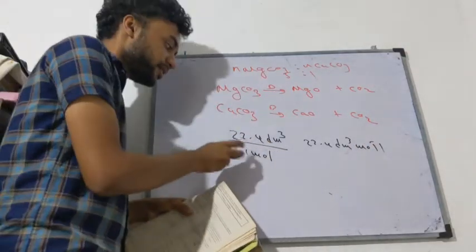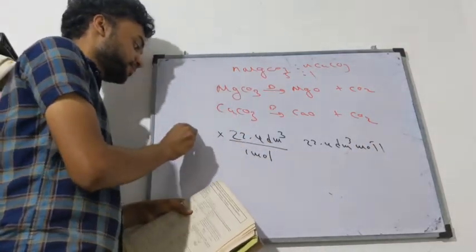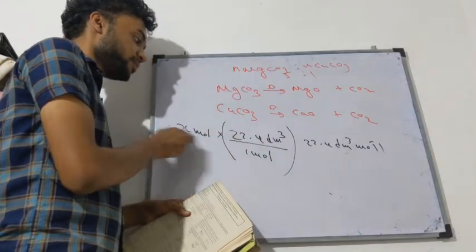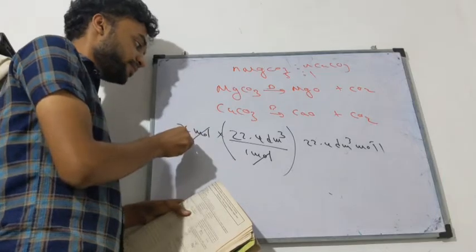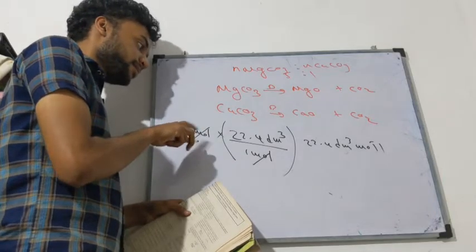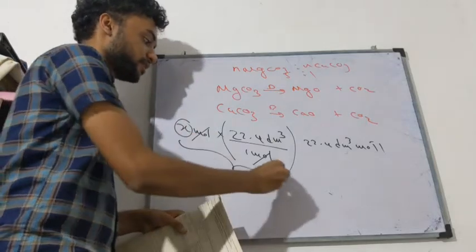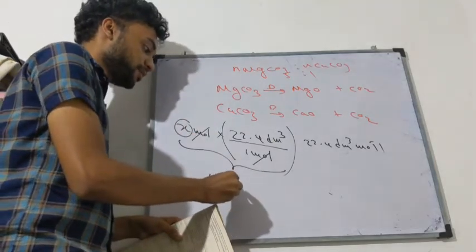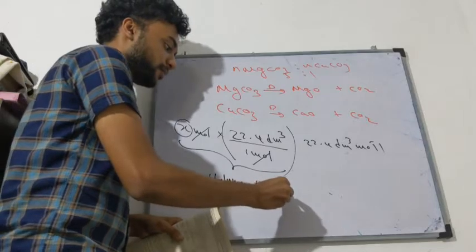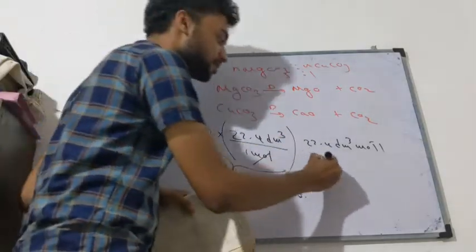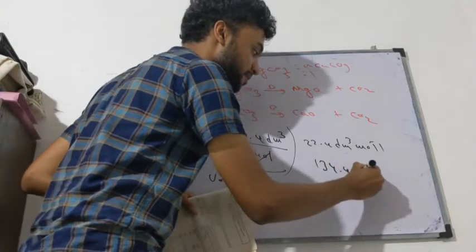Can you understand if I multiply this by x moles? Moles cancel, and I get the volume of x moles. Let's use a similar idea. I have 134.4 decimeter cube.